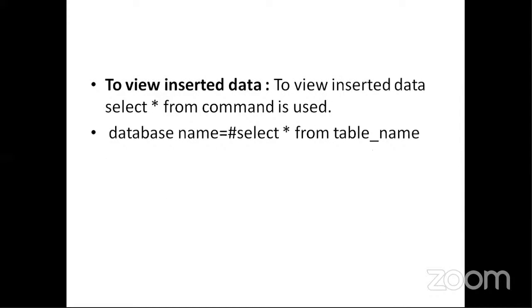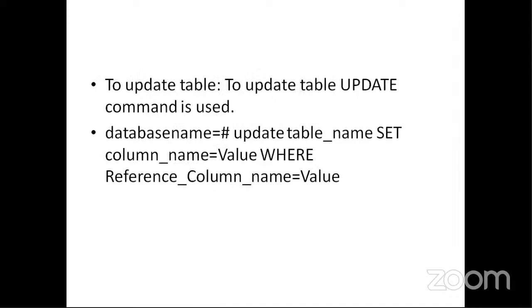Next, to view the inserted data, we use the command select star from table name. We have used the table name as 11. You will get the result. And to update the table, the update command is used. When we have to update the table, we use the command update, table name as 11.